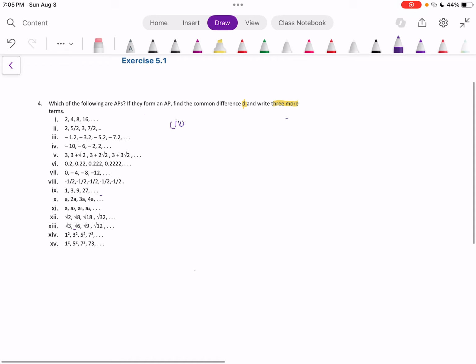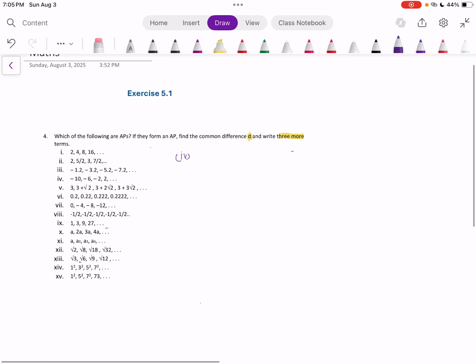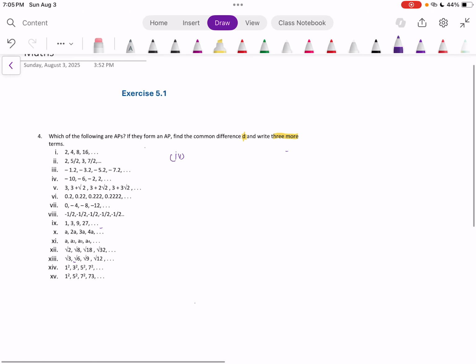Fourth question: minus 10, minus 6, minus 2 and 2. D is going to be negative 6 minus negative 10, 6 plus 10, which is going to be 4.